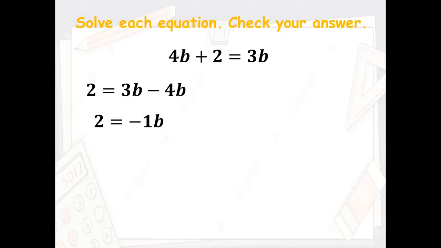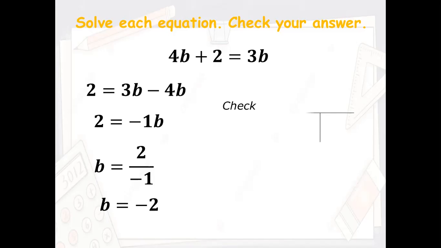So that will become a negative 2 equals b. So b is equal to negative 2. But if you have written 1, of course you have to follow the remaining step. b is going to be equal to 2 divided by negative 1. So 2 divided by negative 1 is going to give you a negative 2, because you're dividing a positive number by a negative one. So your answer is going to be negative 2 as well.